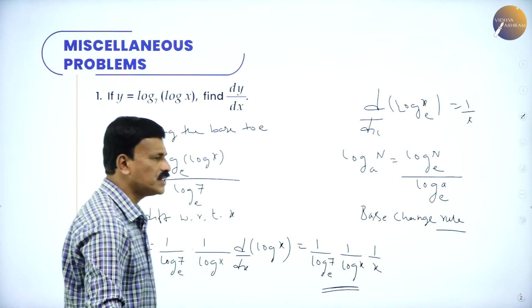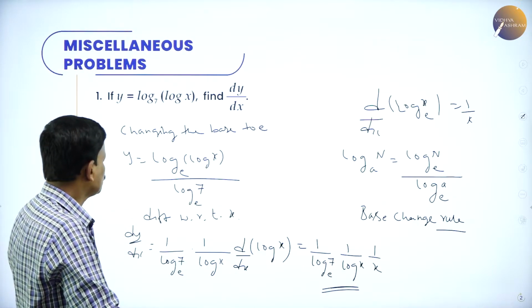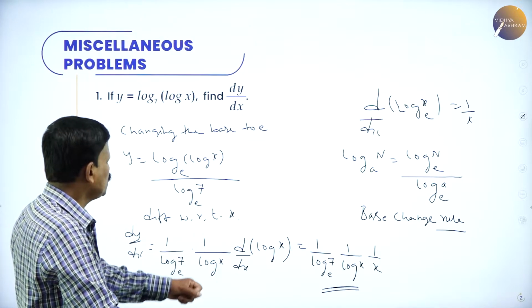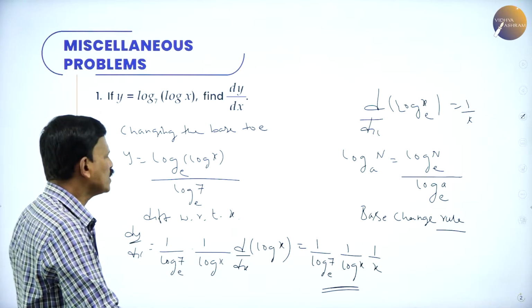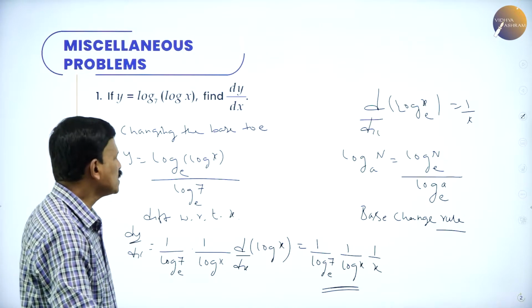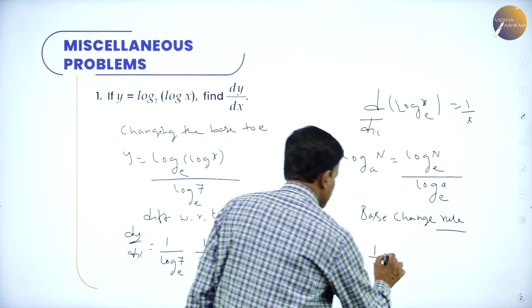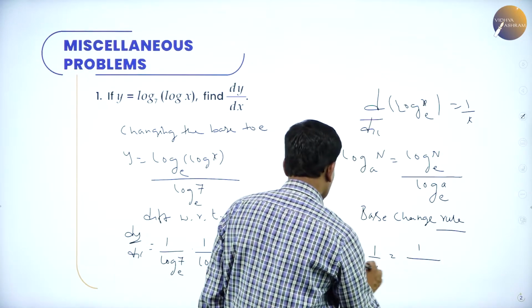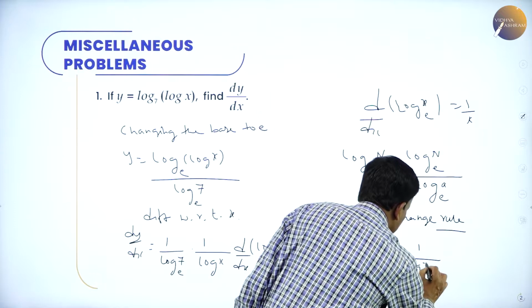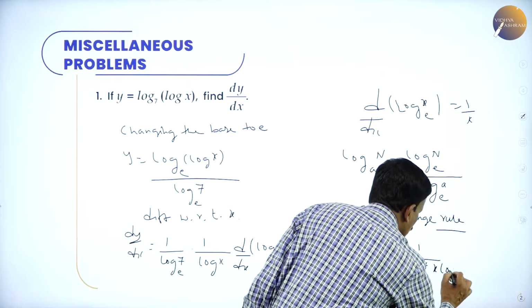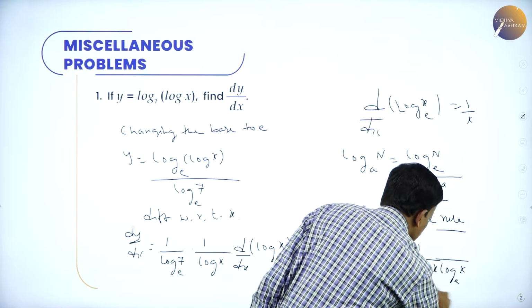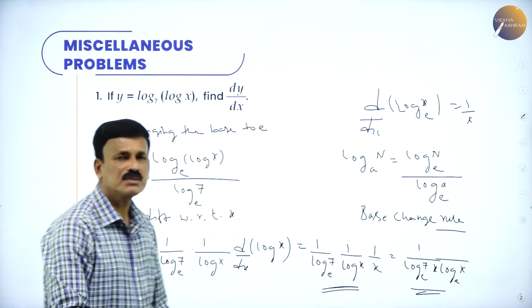So the differentiated answer is 1 over log 7 to base e into 1 over log x into 1 over x. You can also write this as 1 over log 7 to base e into x log x to base e. This is the simplified answer for this problem.